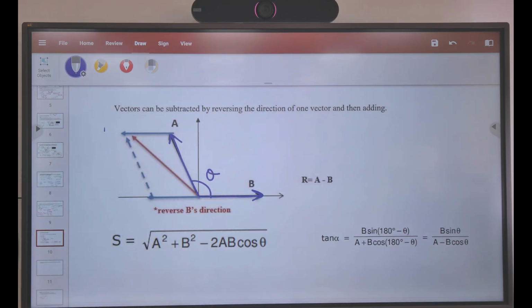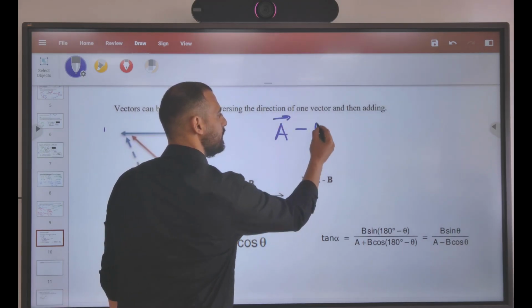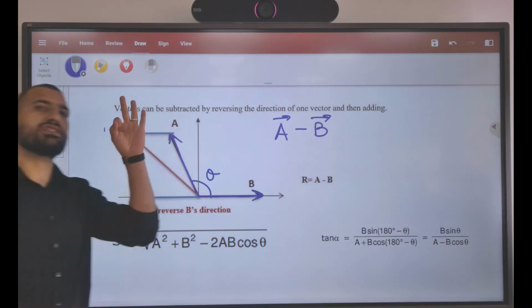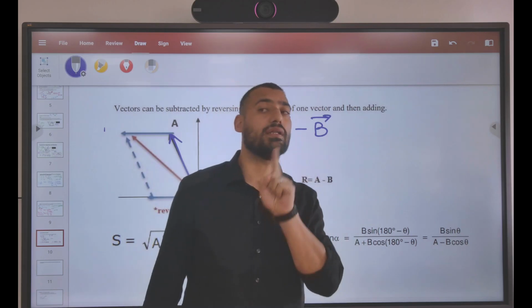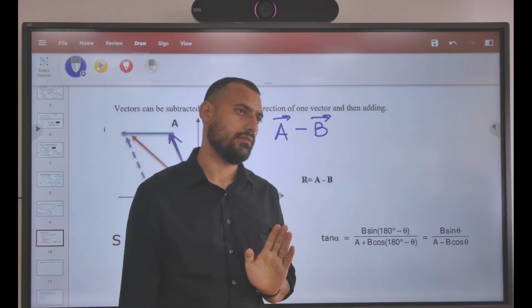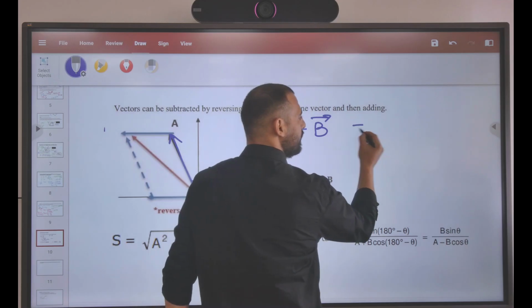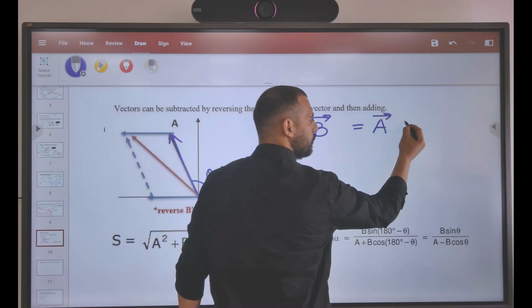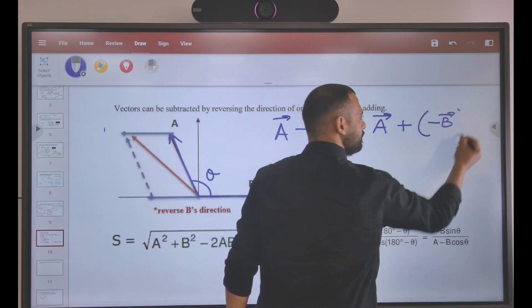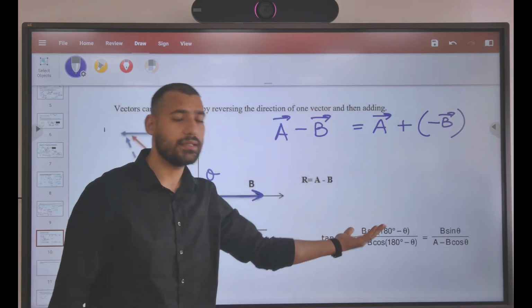And if someone tells me what is A minus B, whenever you have to subtract the vectors, remember the first important thing is we do not subtract vectors. Then how do you do this? What we do is we add to vector A the negative of B. Is that clear?